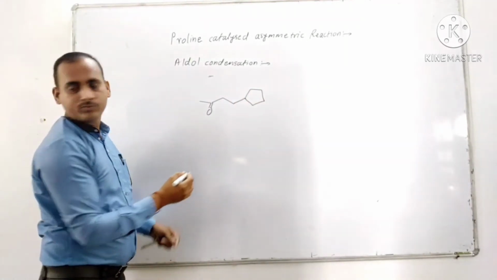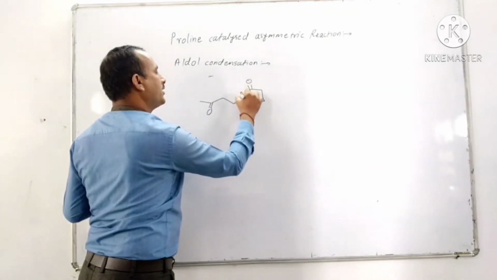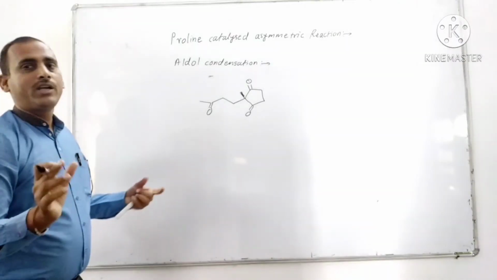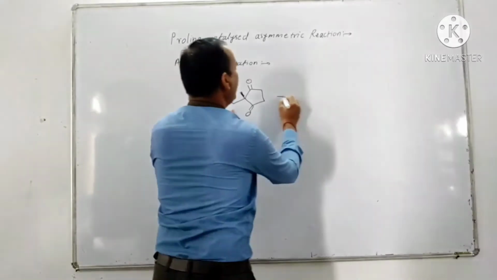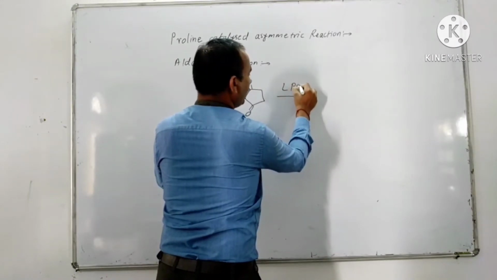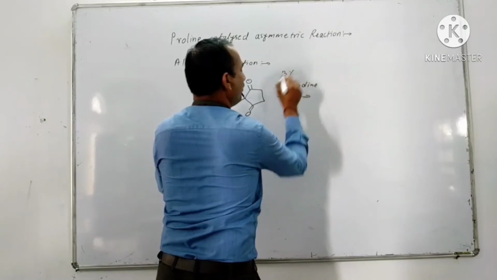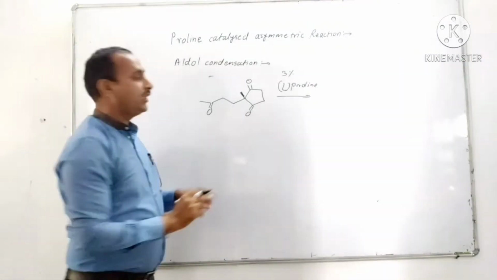A 5-member ring with carbonyl, there is also a carbonyl, and there is a methyl group present above the plane on the cyclopentane dione. Now this is in the presence of L-proline as a catalyst, 3 mole% catalyst is used.